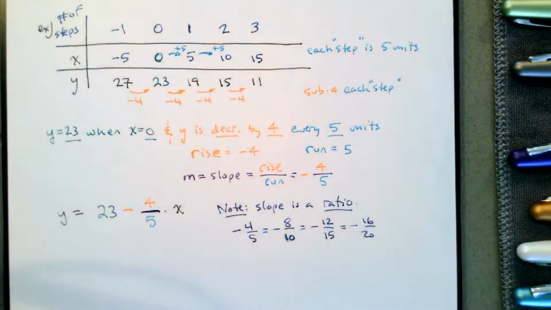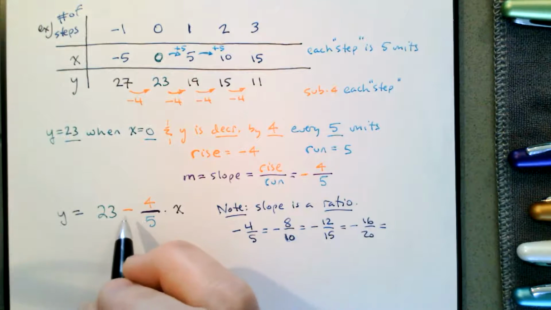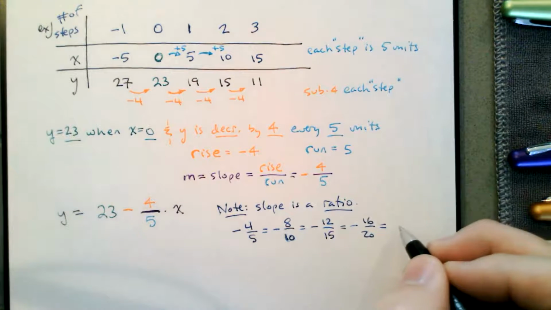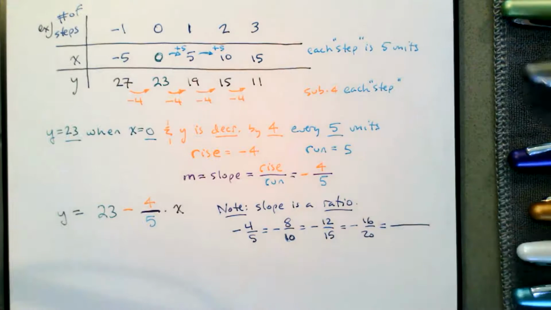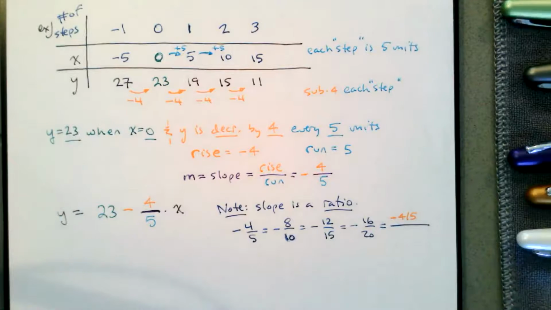But we can also interpret the slope as the ratio of -4/5 to 1. That would be weird of us to do, but that's what we've written in this equation. We've written the slope as -4/5, so we're reading this as a ratio of -4/5 to 1. If we start thinking of a step size as being 1, instead of subtracting 4 every 5 steps, we're going to subtract 4/5 every 1 step.